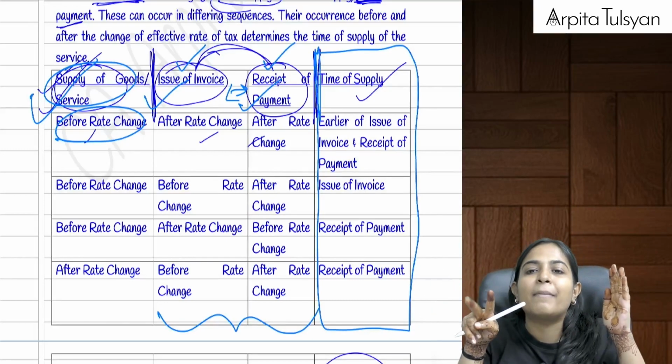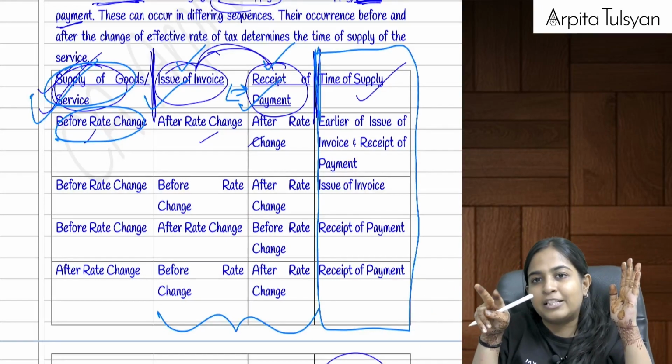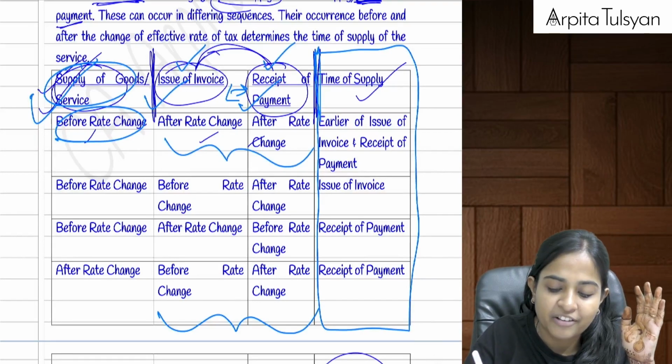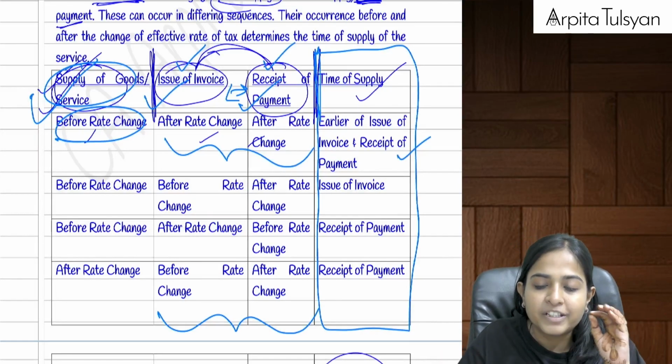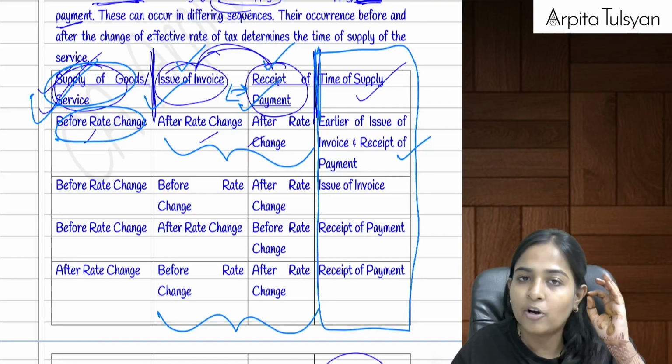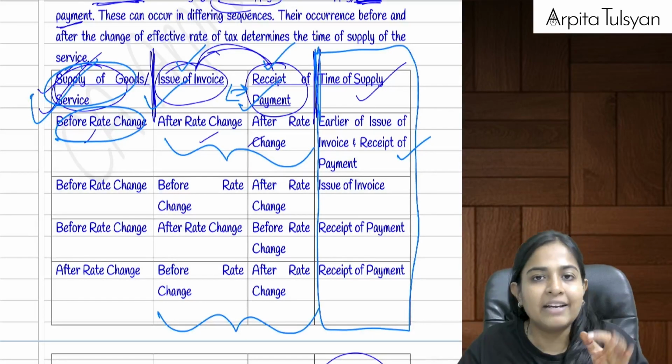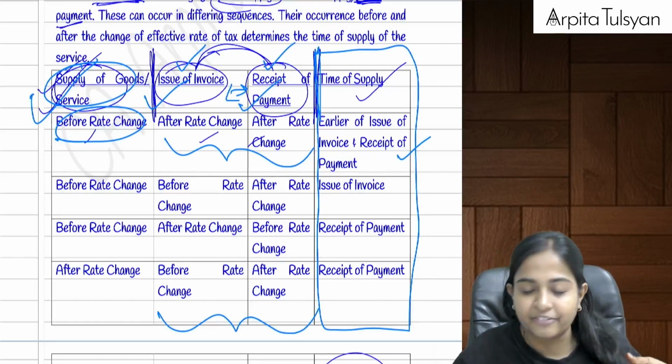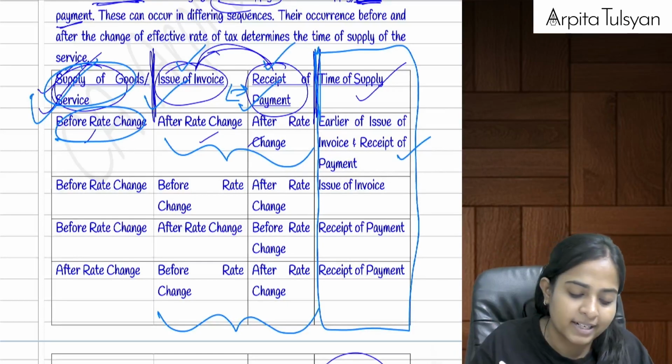Can we say supply is not matching with any of these? This is before, but these two are after. So out of these two, whichever is earlier will become your time of supply, and that will be your rate of tax. On that day, whatever was the rate of tax will be the effective rate of tax.